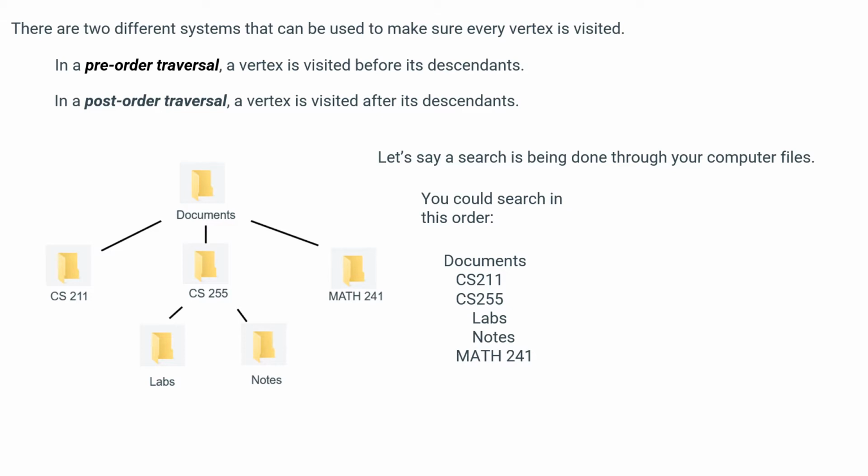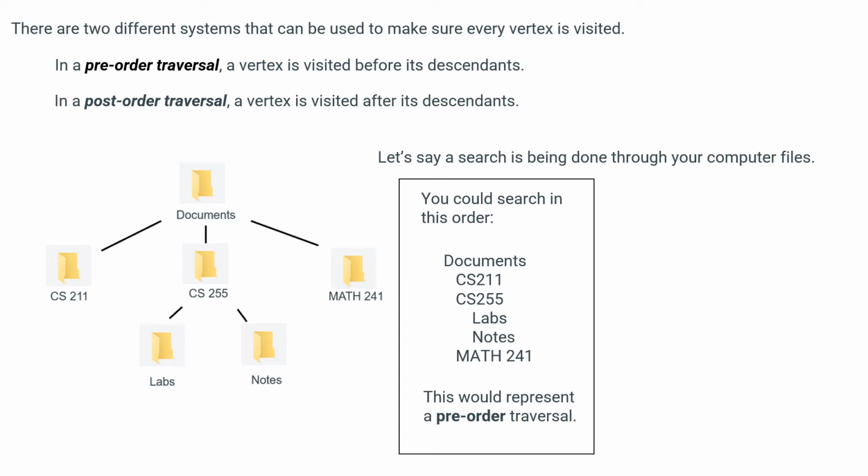Then let's look at all of the files in CS211, then in CS255, and then after CS255 we'll go deeper into CS255 and look in Labs and Notes, and then go on to Math 241. That would be considered a pre-order traversal, because notice we didn't even search in Labs until we'd already searched in the folders above it, CS255 and Documents. So that would be called a pre-order traversal.